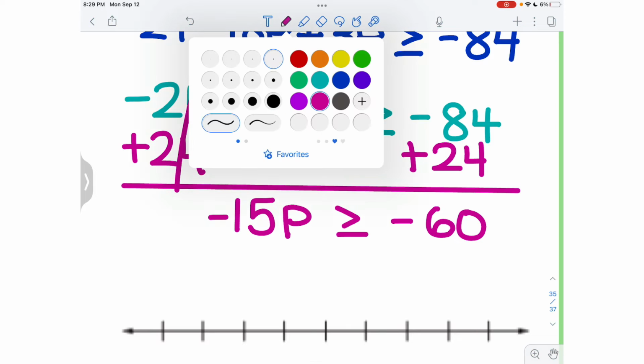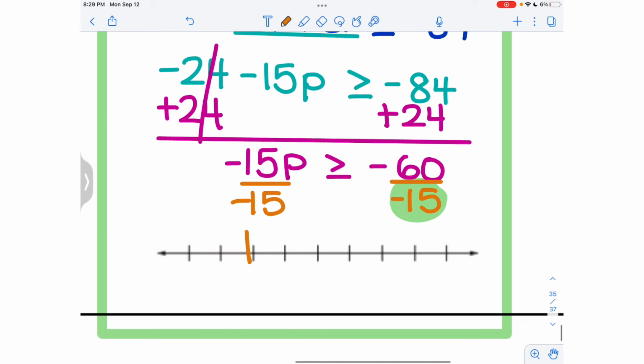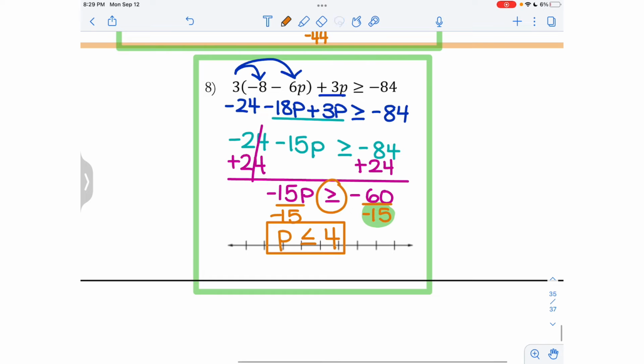And last but not least, I divide. So I am going to divide over this negative 15. Since the number I am dividing by, the bottom number here, is negative, that means I do have to flip the sign. So this is going to flip to less than or equal to positive 4. 60 divided by 15 is 4. So there's the work. I did have to flip the sign.